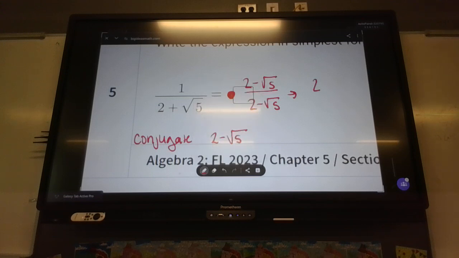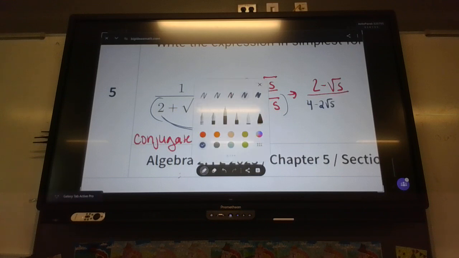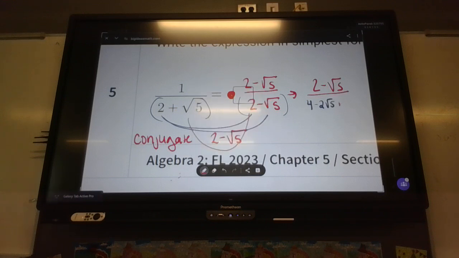So the top is now 2 minus the square root of 5. In the bottom, you have to do double distribution. 2 times 2 is 4. You remember doing this before, everybody? It shows up in this section again. So this is 2 minus the square root of 5 over 4 minus 5, which is 2 minus the square root of 5 over negative 1.